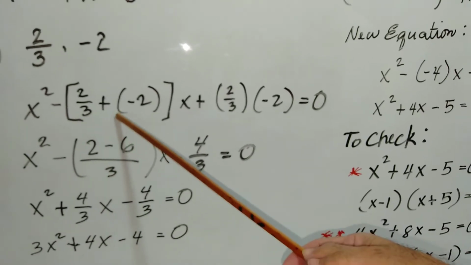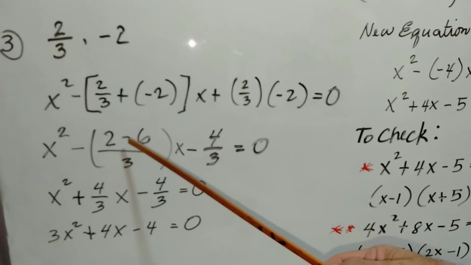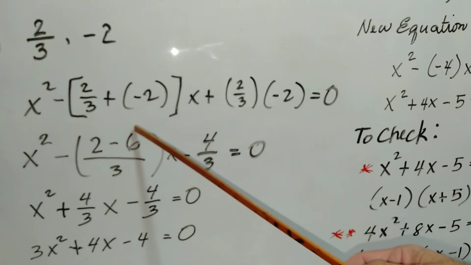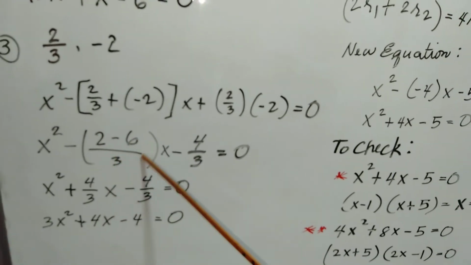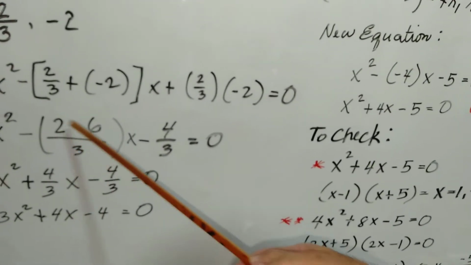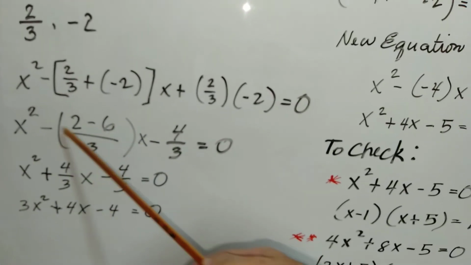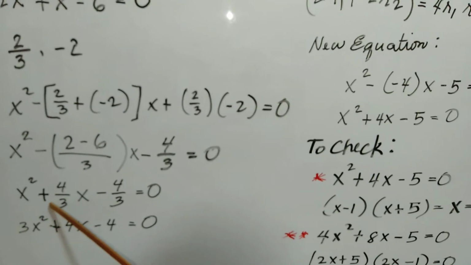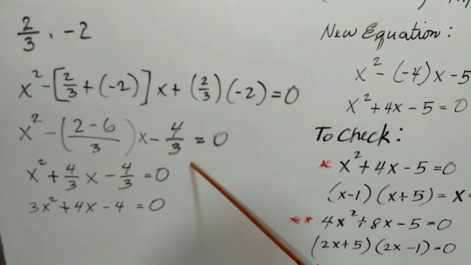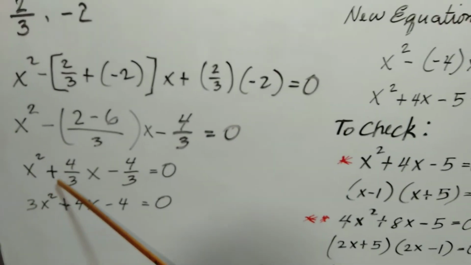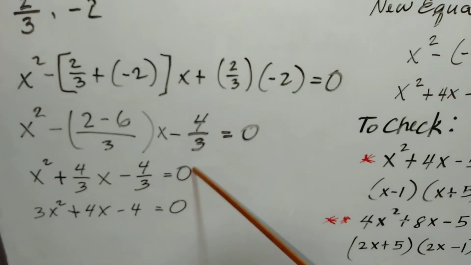Combining these two fractions and getting the LCD, which is 3, this one remains 2/3 and this one is -6/3. Combining these two terms, 2 minus 6 is -4/3. And negative times negative is positive 4/3. And 2/3 times -2 is -4/3. So we have now x squared plus 4/3x minus 4/3 is equal to 0.